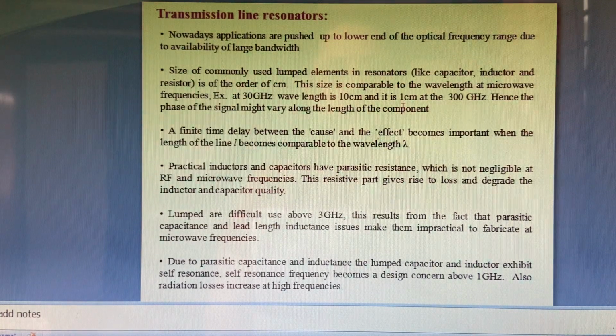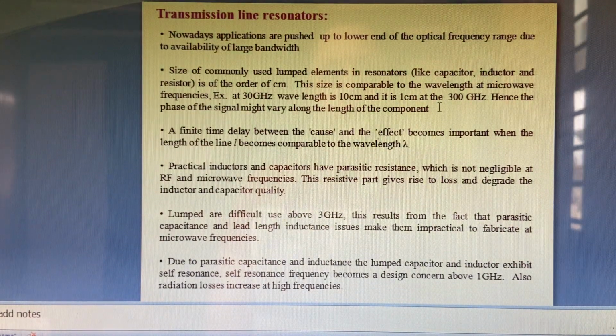Lumped element components like inductor, capacitor and resistor have lengths in the order of more than 1 centimeter. So the length of the component becomes comparable with the wavelength of operation. If that is the case, there is a phase variation over the length of the component.